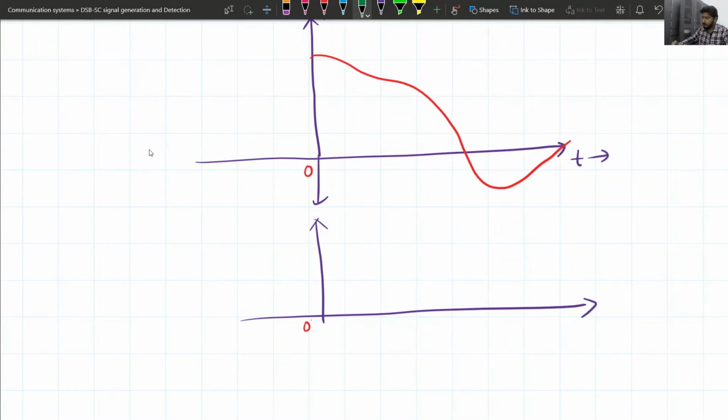And let's say this is the carrier frequency.